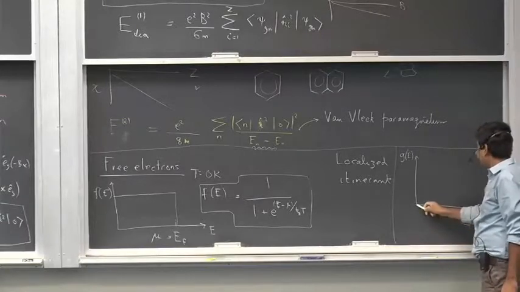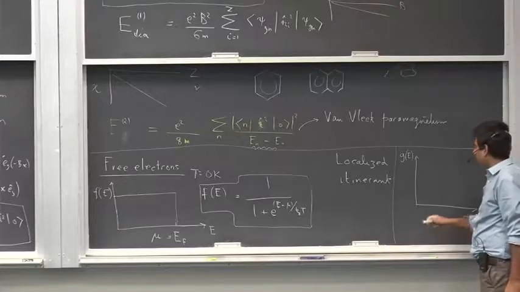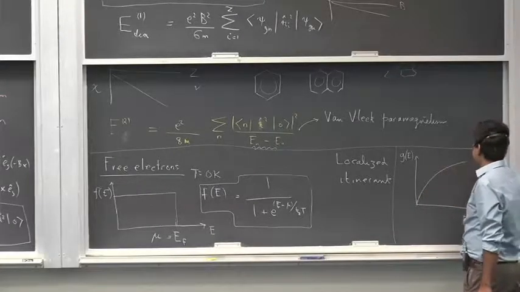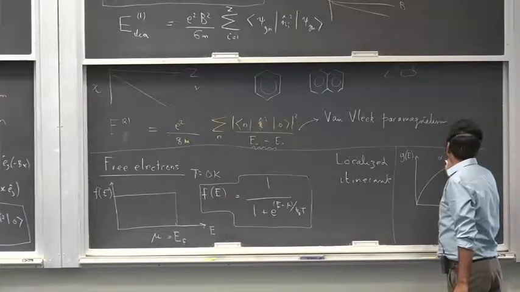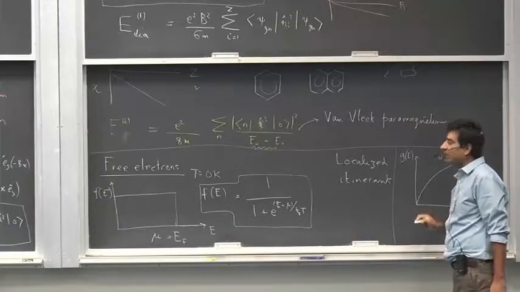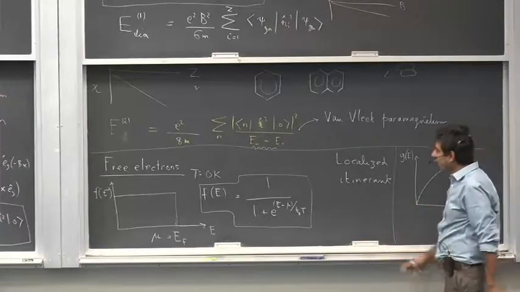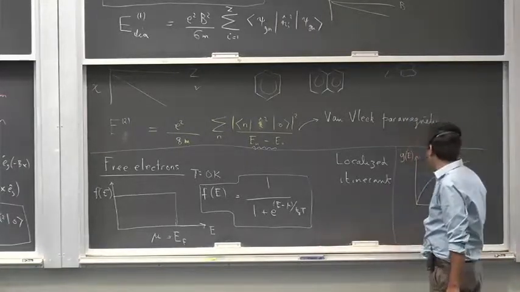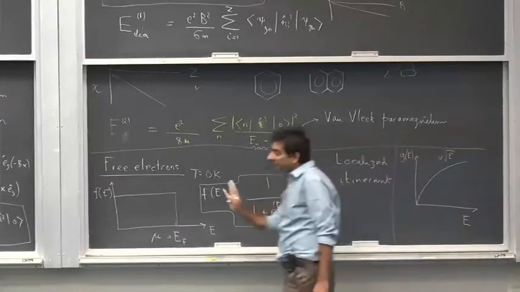So when energy is 0, there are no electrons with energy 0. So there is a density of states which has a square root dependence. So this is proportional to square root E. Now these are the two basic concepts that we should all be familiar with. This I've explained a little bit. Let me spend 2 or 3 minutes on this thing over here because it's important. It's a recap from basic solid state physics.